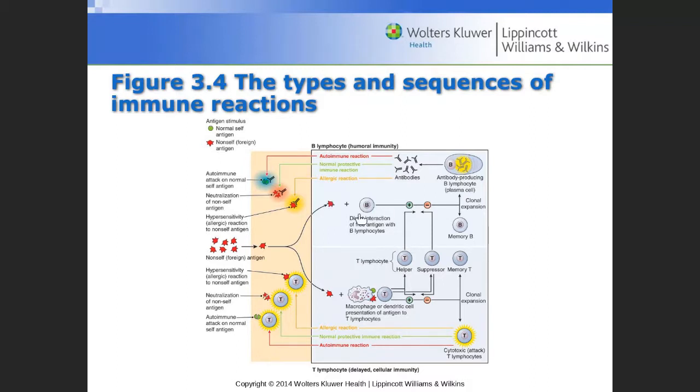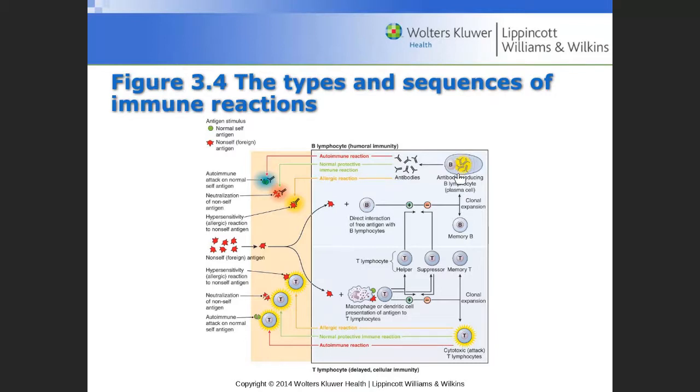So you can associate that B lymphocyte is involved in humoral immunity, which is the liquid part, and T lymphocyte is involved in cellular immunity. The cells involved in killing virus-infected cells or cancer cells are cytotoxic T cells. These cells are also known as CD8 positive, right? And the cells that produce the antibody are B cells.